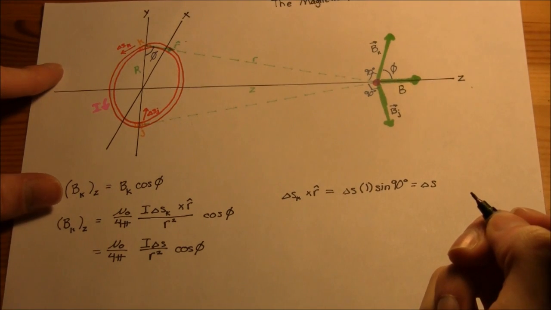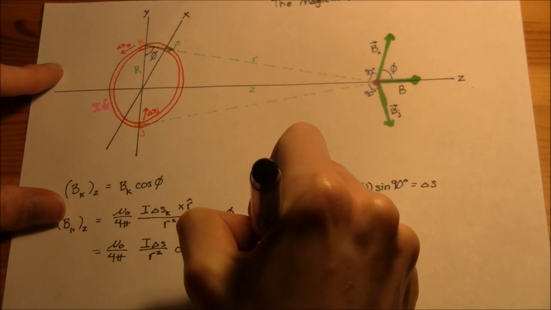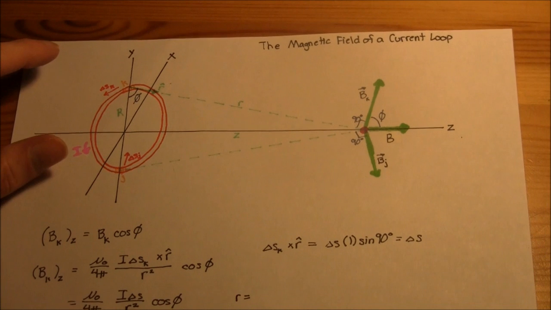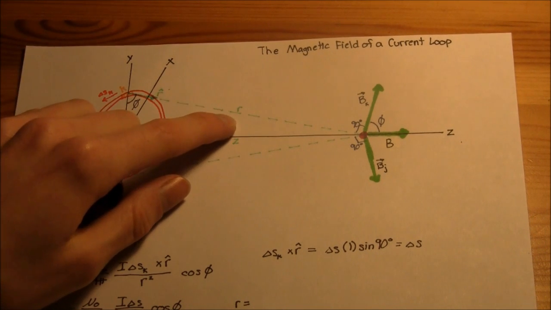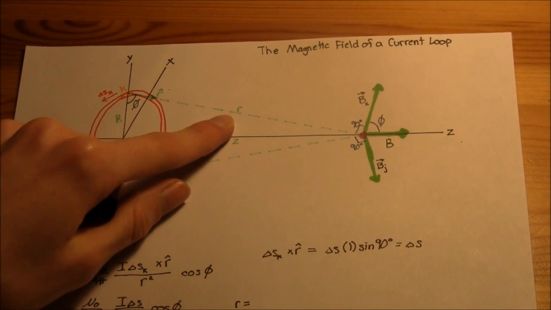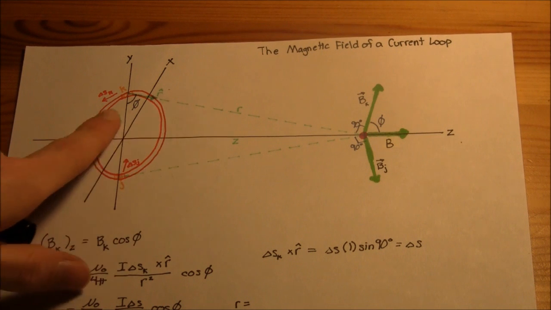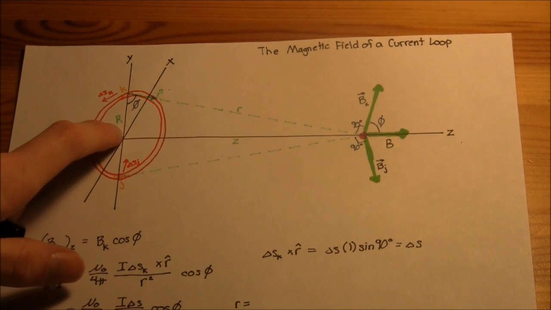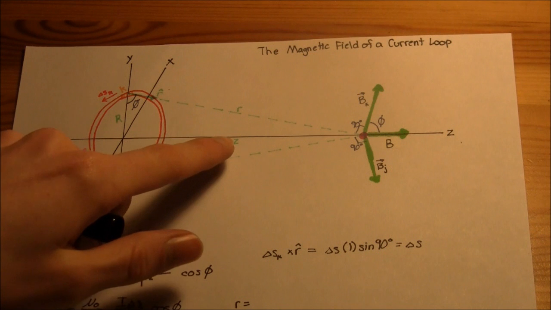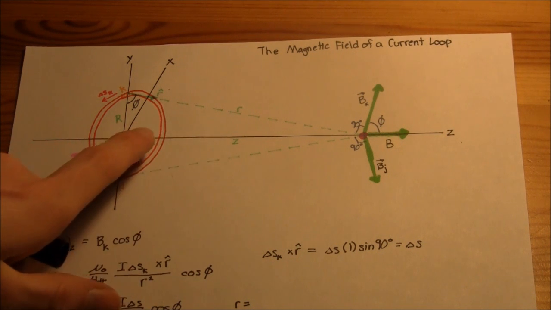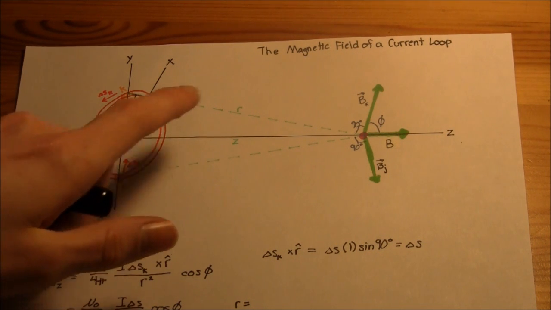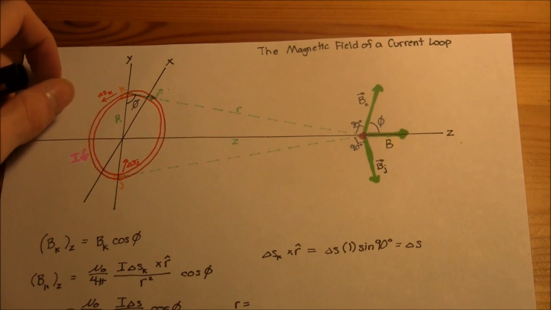Now for the value of R, which is this distance here, it is equal to the square root of capital R, which is the radius of the current loop, squared plus z squared, where z is the distance from the center of the loop to the point we are trying to evaluate the magnetic field at.